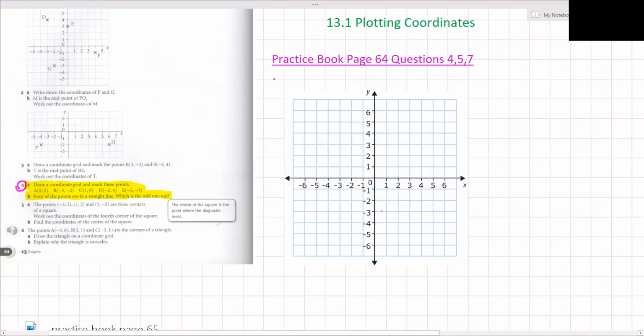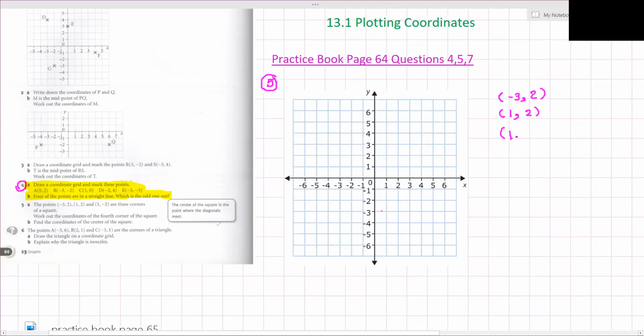Okay. Question 5. The points -3 and 2, 1 and 2, 1 and -2 are three corners of a square. So let's write the points here so it will be easy for us to plot.